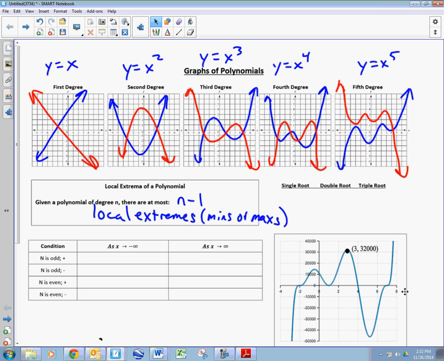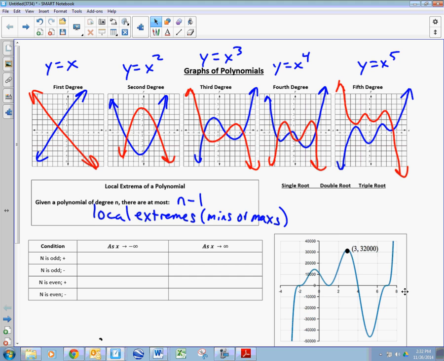If it's even, it starts the same as it finishes, right? Do you see that? That's important. If you can remember that, and we'll write it down again on Monday, that odd functions start and end in different directions, and even functions start and end in the same direction, that's going to help you out as we graph them.